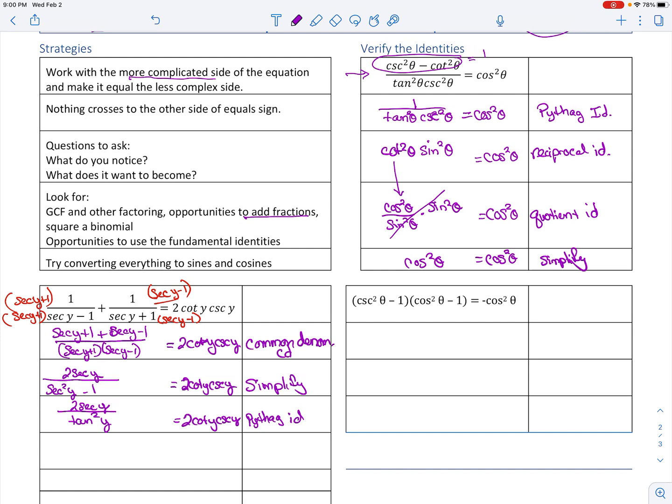All right, so that's looking better. We see the 2 that we're trying to achieve, but we're missing a cotangent and we're missing a cosecant. Instead, we have a tangent squared in the denominator and a secant in the numerator. But if you think about it, 2 over the tangent times the tangent is like a 2 times a cotangent, right? We could use a reciprocal identity.